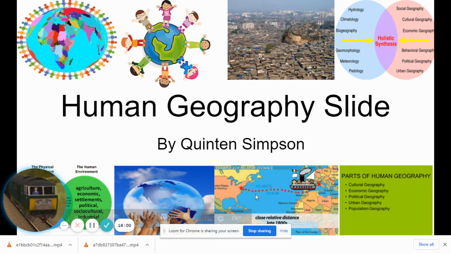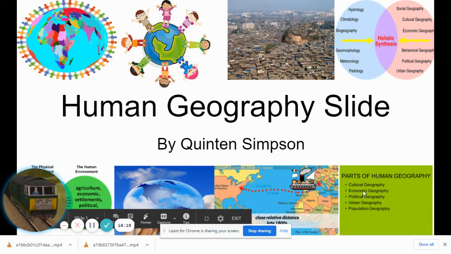This is the example of the two related distance. This is all the pirates traveling to somewhere, right? Which is coming from Italy. Close relative distance, late 80s. This is part of human geography.